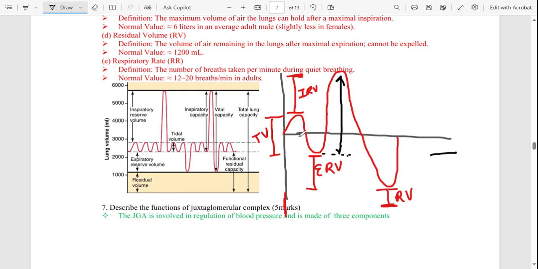The tidal volume and the inspiratory reserve volume. When you combine volumes, you form capacities. The combination of the tidal volume and the inspiratory reserve volume forms what we call the inspiratory capacity. Again, you can combine the tidal volume with the expiratory reserve volume. But in that case, you're only looking at the part that you actually breathe out.